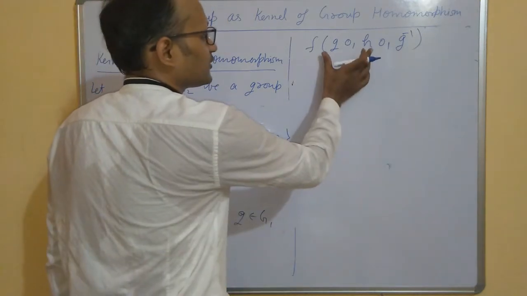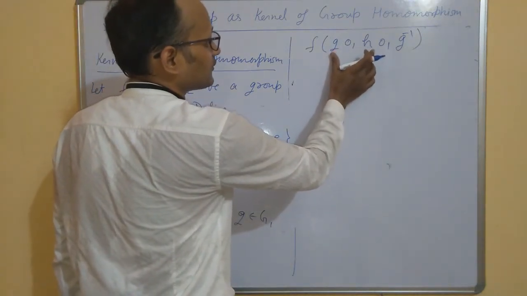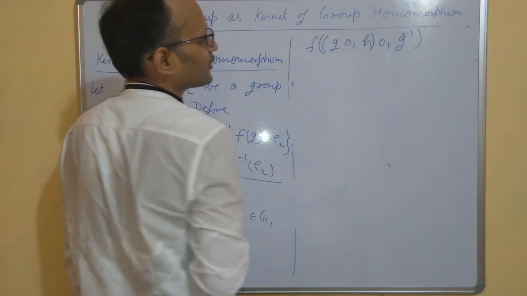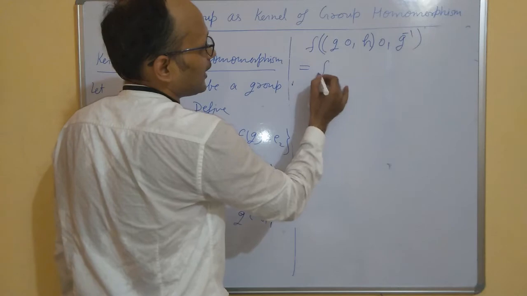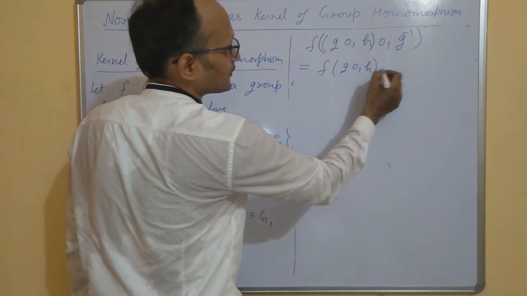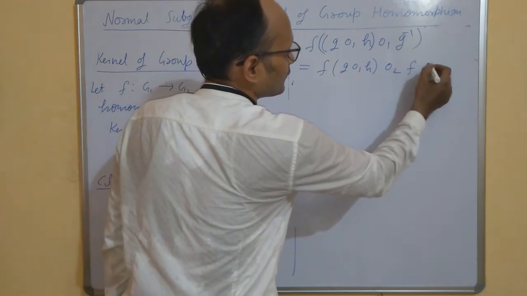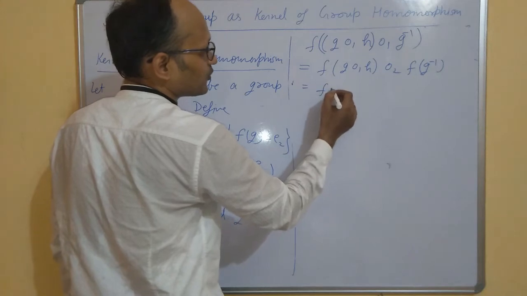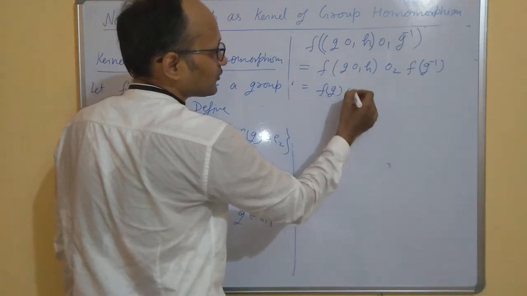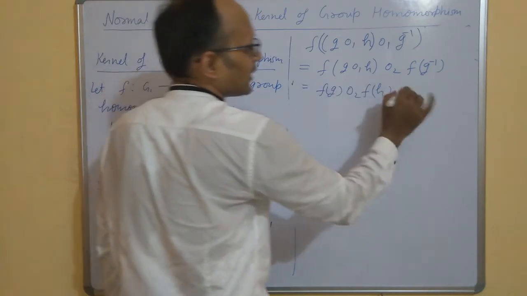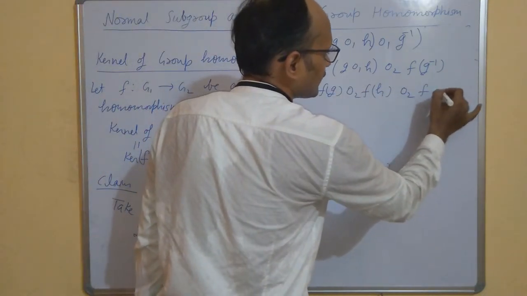Now note one thing: the group homomorphism definition is given for two elements. So if you divide it in two parts, you can think of it as f of g ∘1 h, ∘2 f of g inverse. Then again you can apply the homomorphism definition: f(g) ∘2 f(h) in one bracket and then ∘2 f(g inverse).